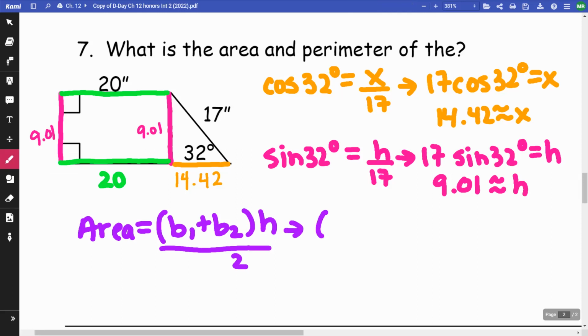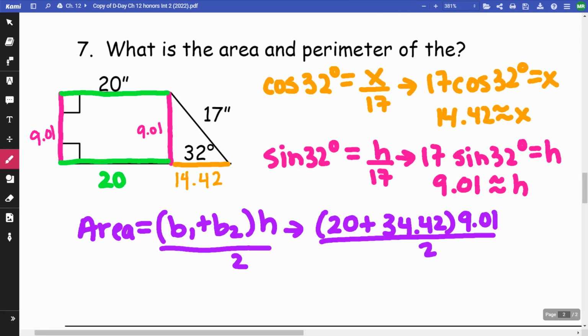So I am going to have 20 as my base 1. My bottom is the 20 and the 14.42, which is going to be 34.42. My height is going to be 9.01 divided by 2.